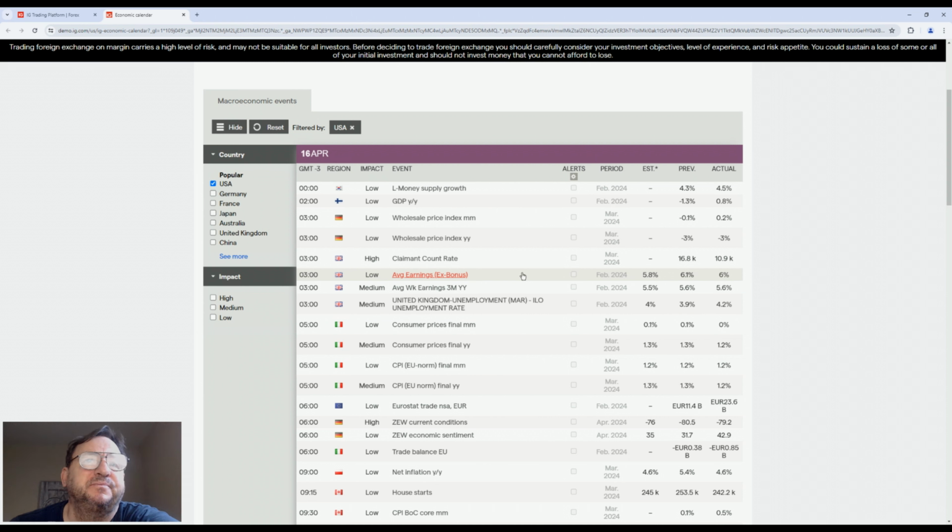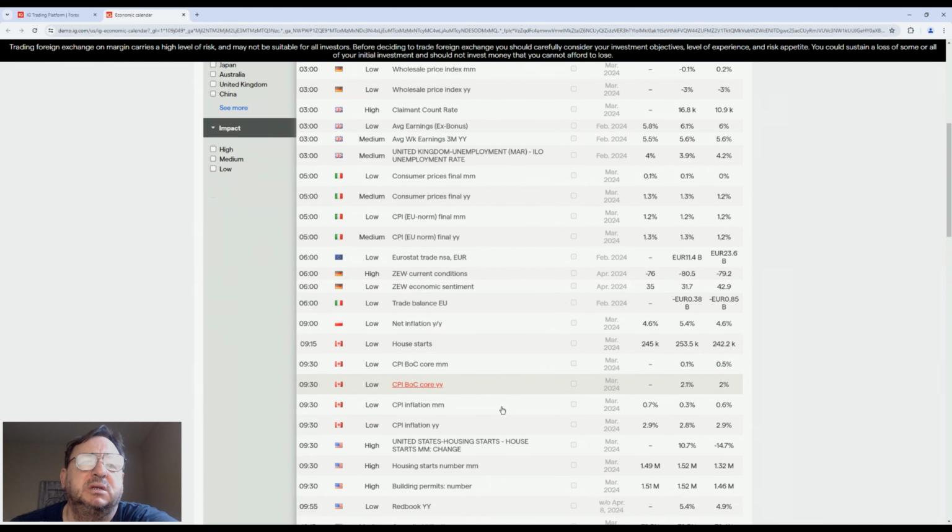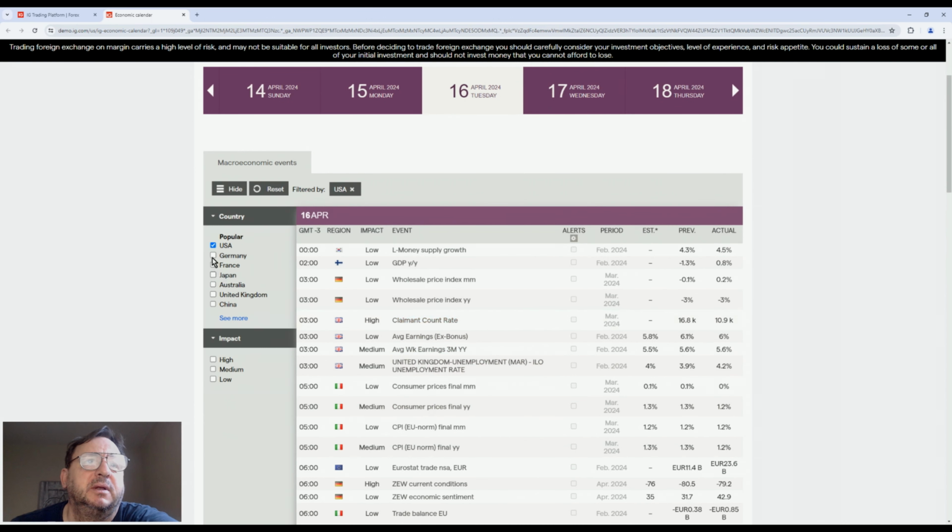Otherwise you need to trade foreign markets when they open there, because some markets are American, some markets are European, like this UK. So for UK, probably here will be at night and they have opening.